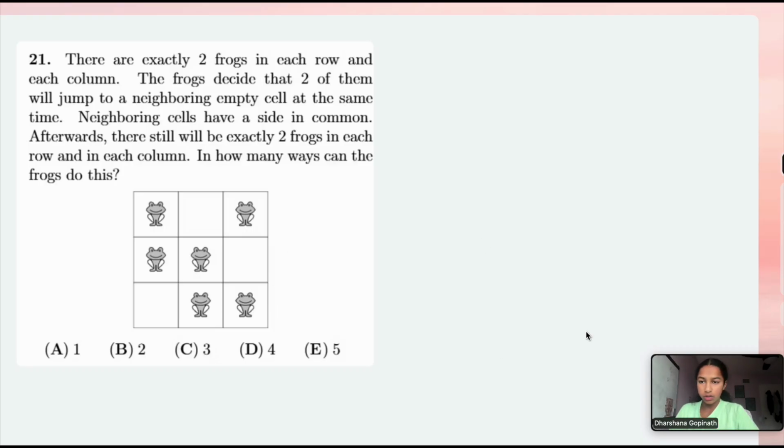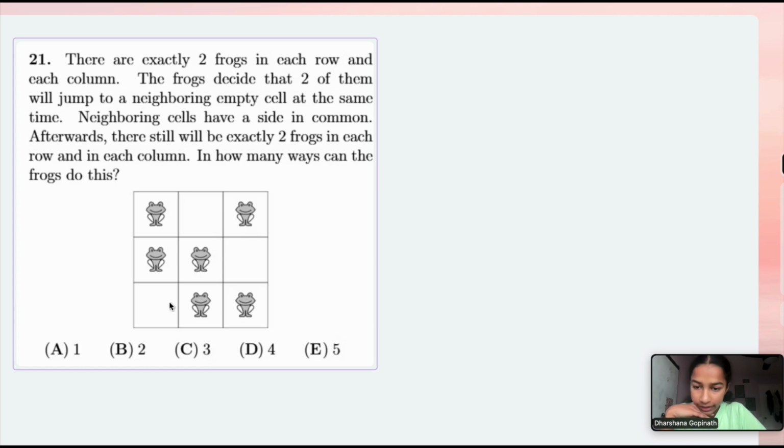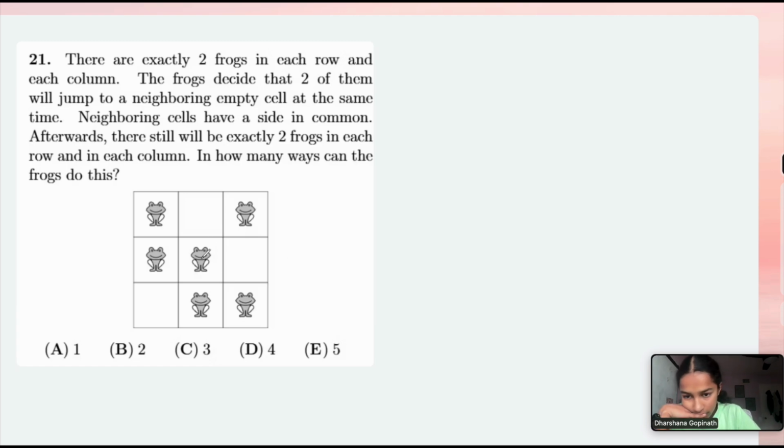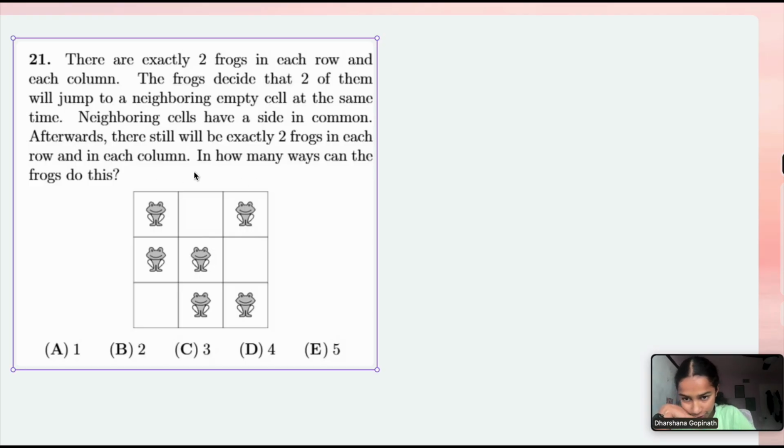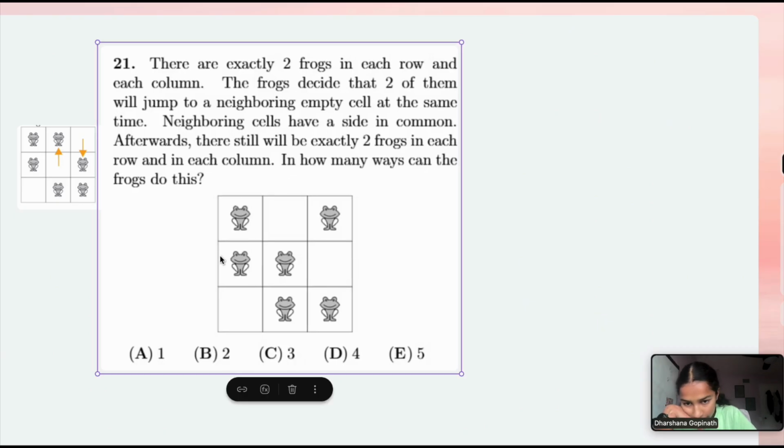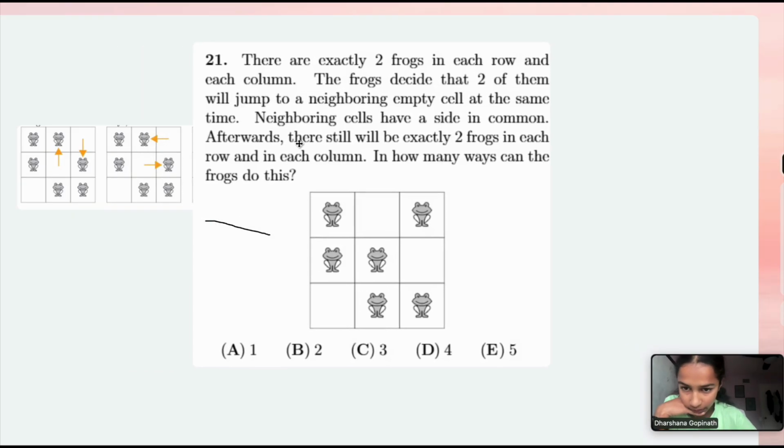So there are a few possibilities. Like, this frog could move this way, and this frog could move this way, as shown in this picture. And then this frog could move this way, and this frog could move this way, as shown in this picture.